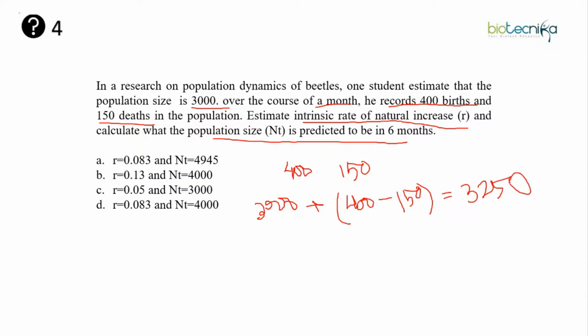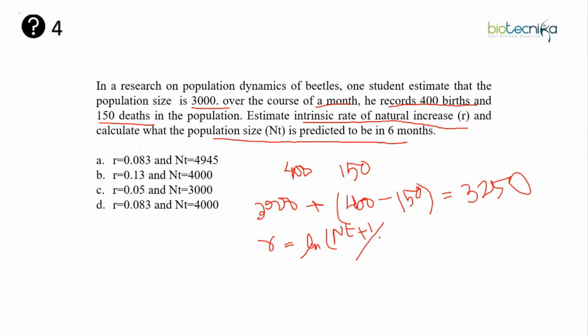Now, r is known as the intrinsic growth rate. So this rate is ln of Nt plus 1 by Nt. You just have to rewrite this.